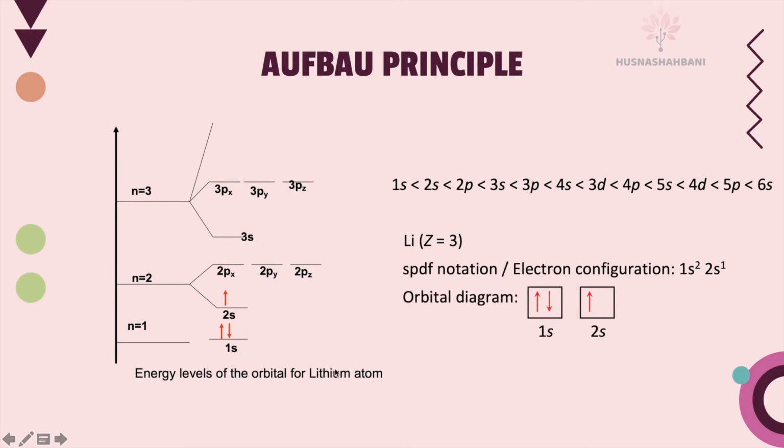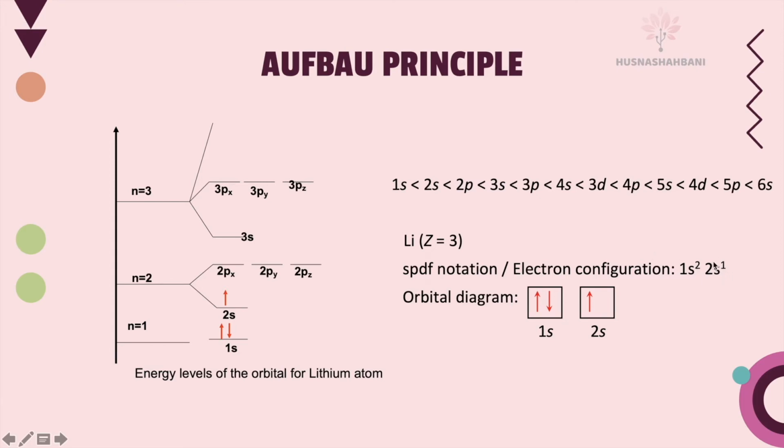We know that lithium atom has 3 electrons, 3 proton. Z equal to 3 means 3 proton. The number of proton is equal to the number of electron. So our electron, we have 3. If you have to show the SPDF notation of Li, this is how you write down. 1s2 means 2 electron in 1s orbital, and 2s1 means 1 electron in 2s orbital.